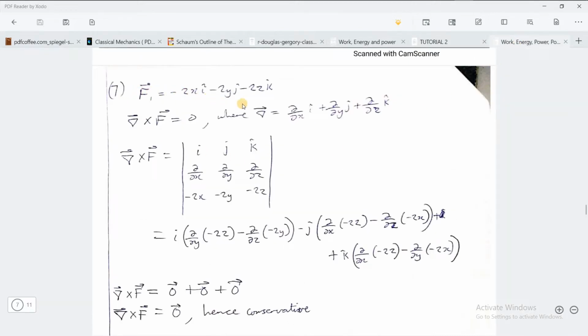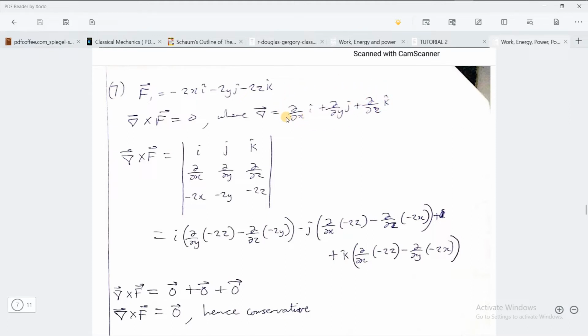So you see I've just written F1 here, and to show that it is conservative we must show that the curl of this force field must be 0, which is the del operator cross F. Now this del operator, which I've been talking about for some time, is just partial over partial x i plus partial over partial y j plus partial over partial z k.